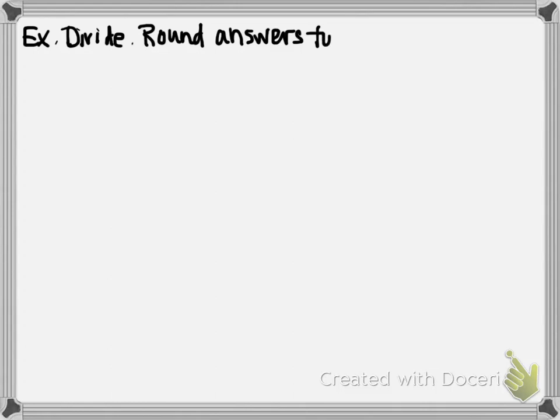Directions are going to say divide. And then it's going to say round answers to the nearest hundredth. Now, the second piece of information basically only gets followed if I have a decimal.